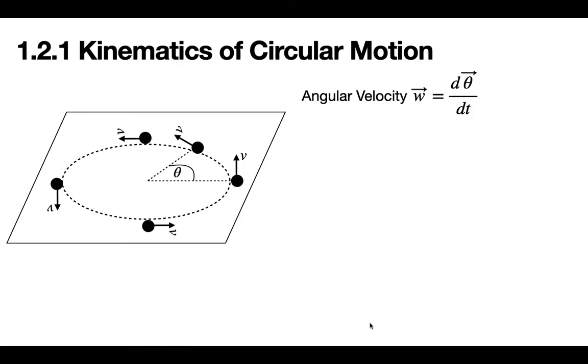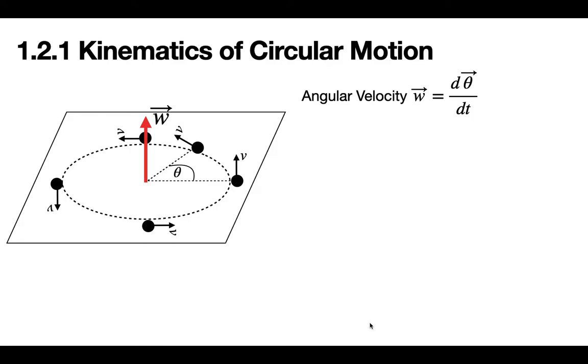Then the rate of change of angle theta with respect to time is defined as angular velocity. For example, if the object moves from angle 0 to 90 degrees, or pi by 2 radians, in 1 second, then we can define angular velocity as pi by 2 radians per second.